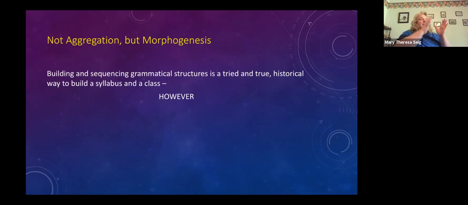However, this linear thinking of the way to structure a syllabus is not the way that human beings engage with language. It's not the way that human beings understand language, especially after they have learned one language and are learning a second language.